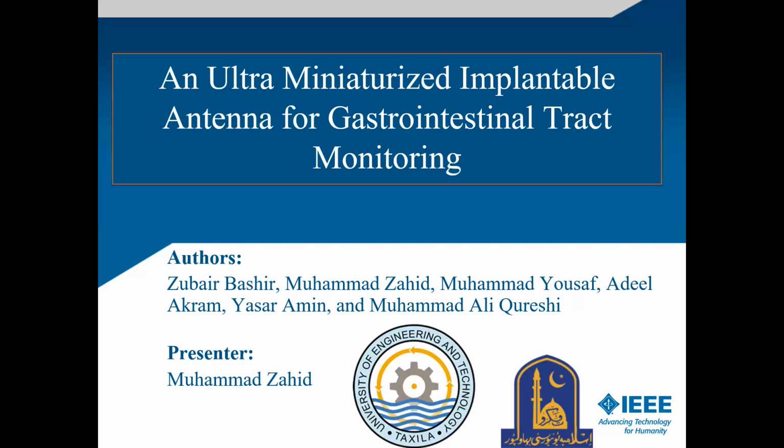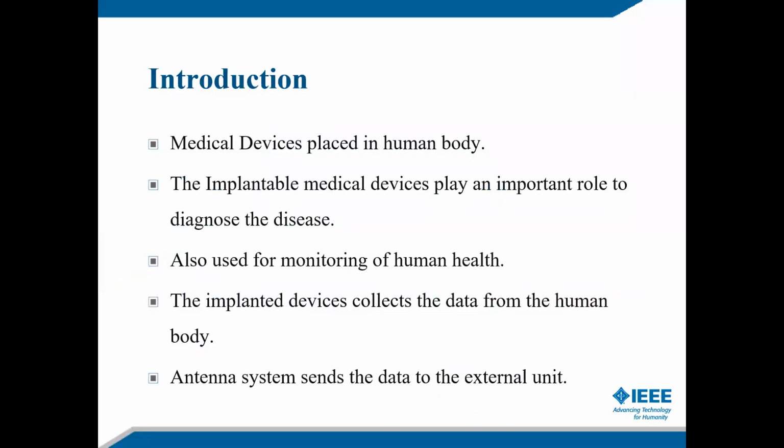The simple definition of an antenna is a metallic piece that can transmit and receive electromagnetic waves or radiations. If an antenna is used in medical devices that will be inserted in our body to check different parameters, that's called an implantable antenna.